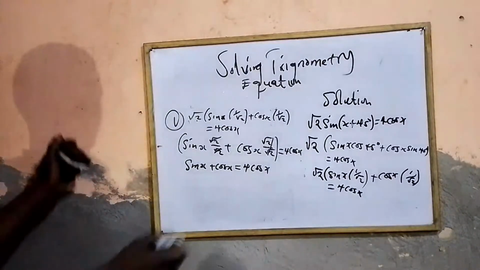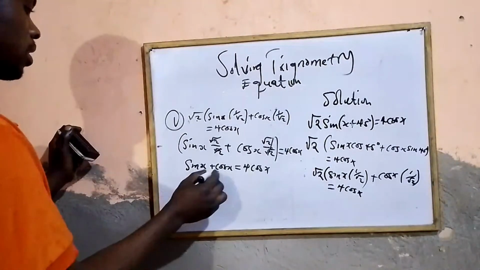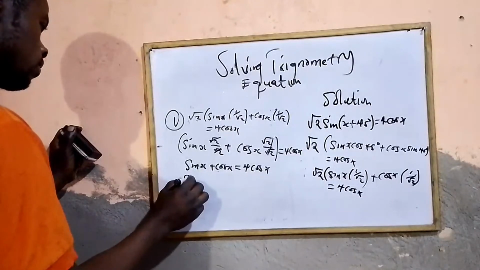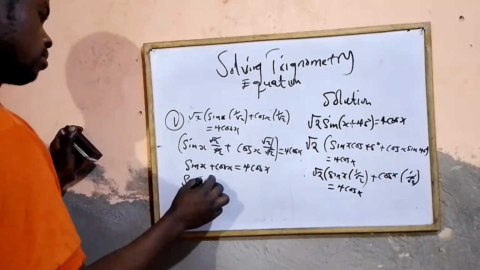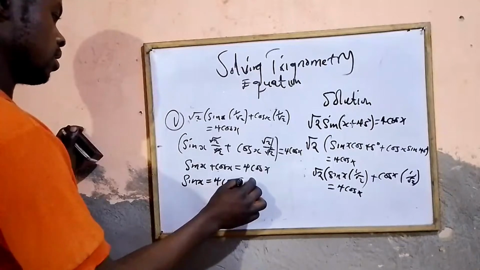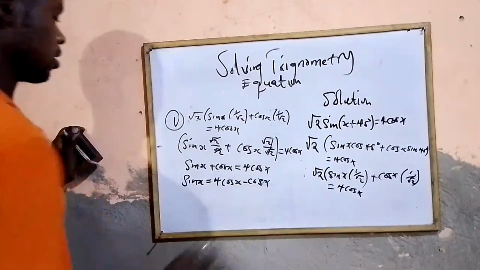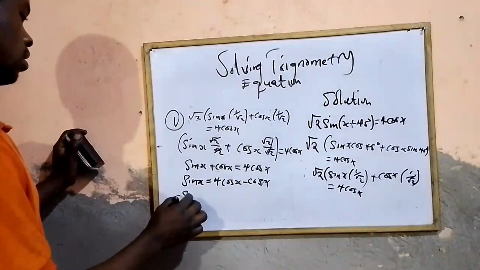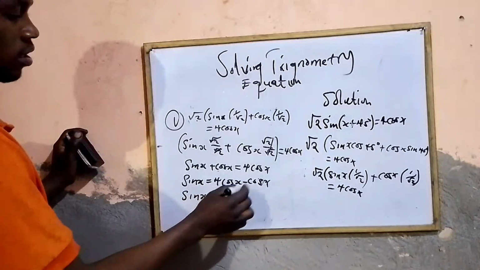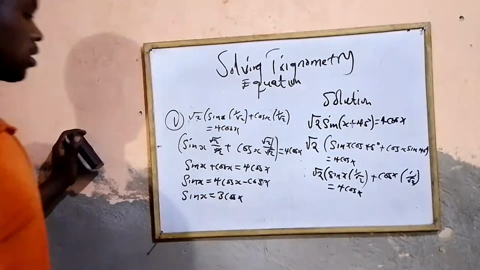Since we have cos here and cos here, we can subtract cos on both sides, so sine x equals 4 cos x minus cos x, which gives 3 cos x.